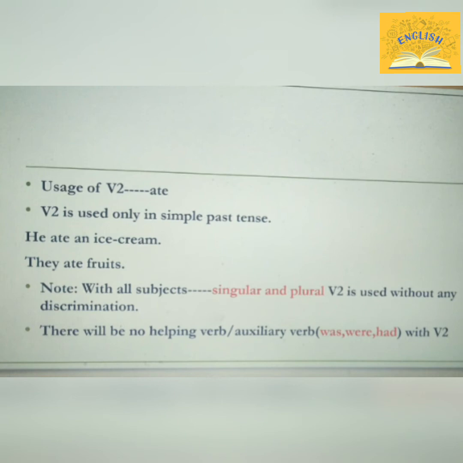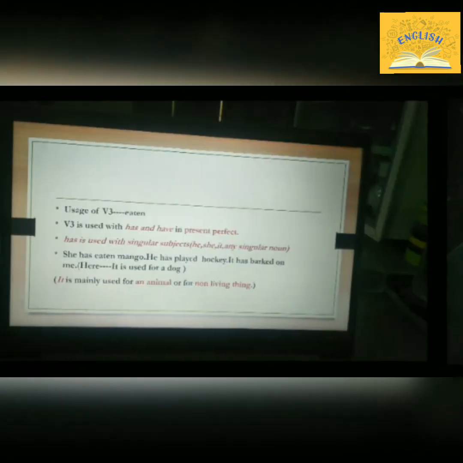Like in present simple we used to add s with a singular subject and not add any s with a plural subject, but here it is not like that. With all singular and plural subjects we use V2 without helping verbs. So there is no helping verb, was, were, had. All these past tense helping verbs will not be used with V2.